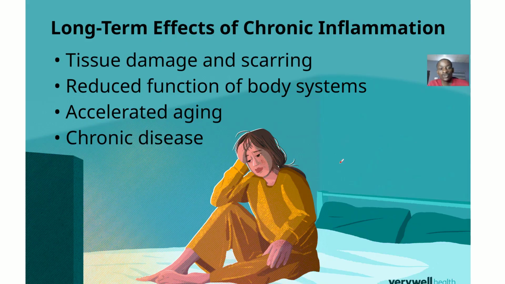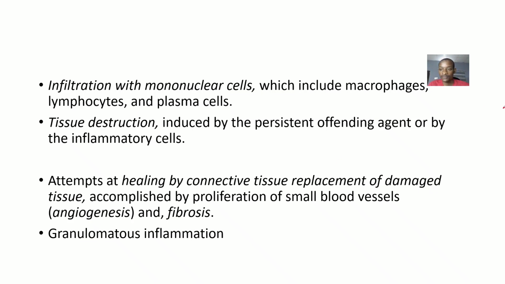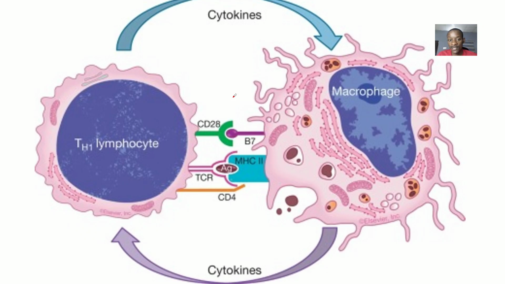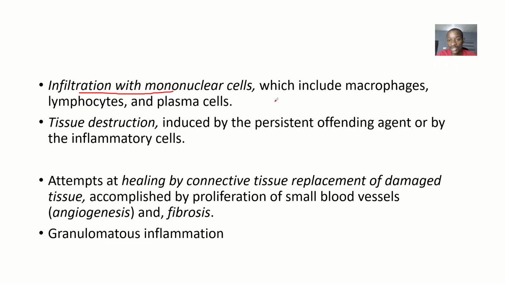Moving now to the morphology of how chronic inflammation will look. Chronic inflammation is characterized by what? Infiltration with mononuclear cells, which include macrophages, lymphocytes, and plasma cells.